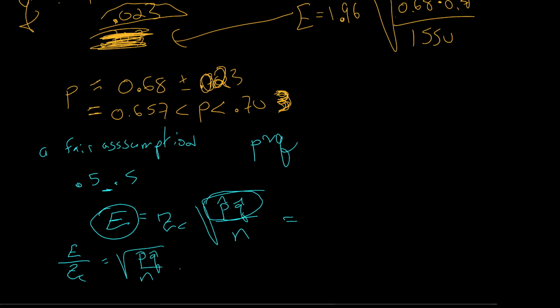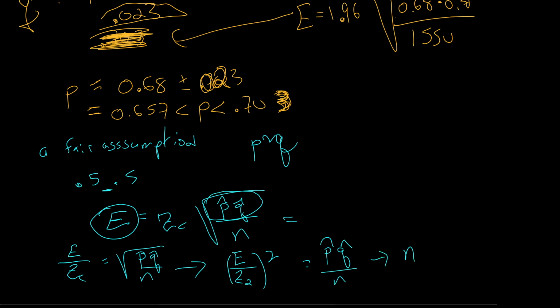I'm going to square both sides. And now I'm going to cross multiply.